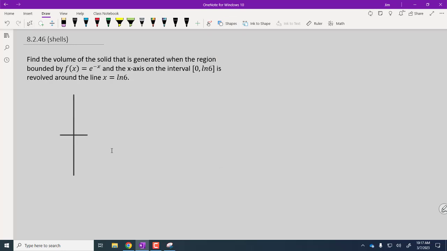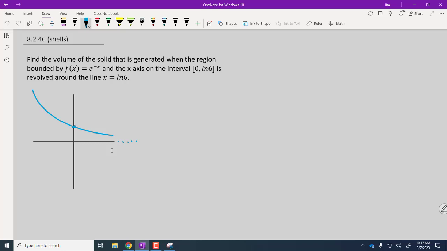So e to the negative x is an exponential decay, and it goes right through the point (0, 1). That's what e to the negative x looks like, with a horizontal asymptote at the x-axis. So that is y equals e to the negative x.